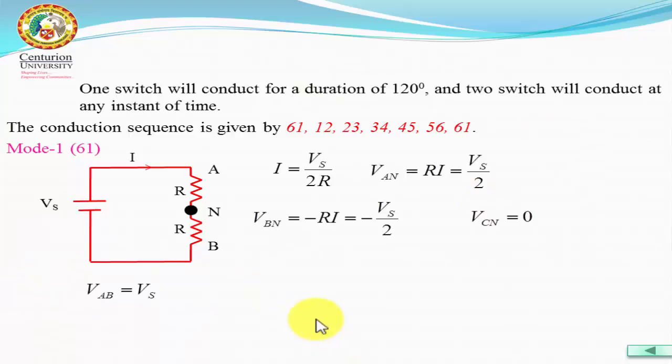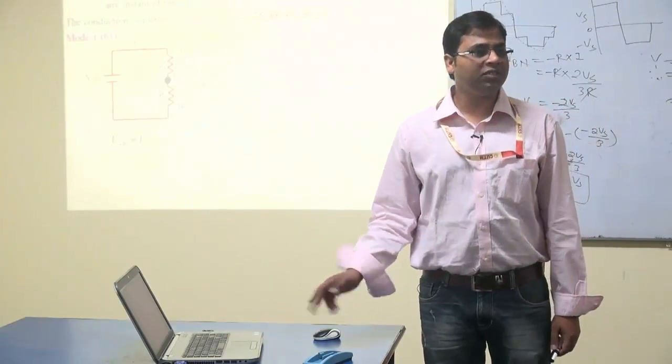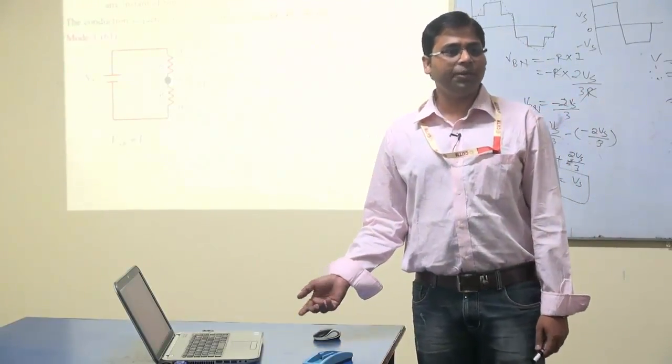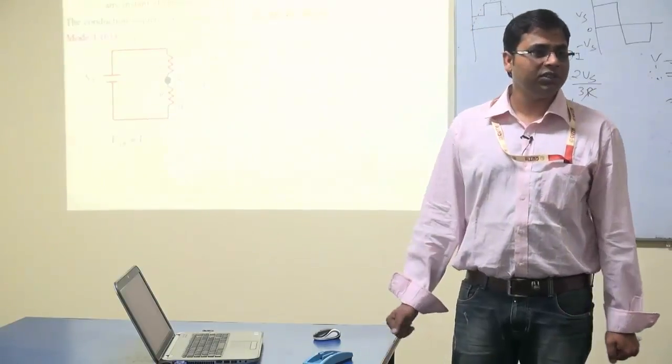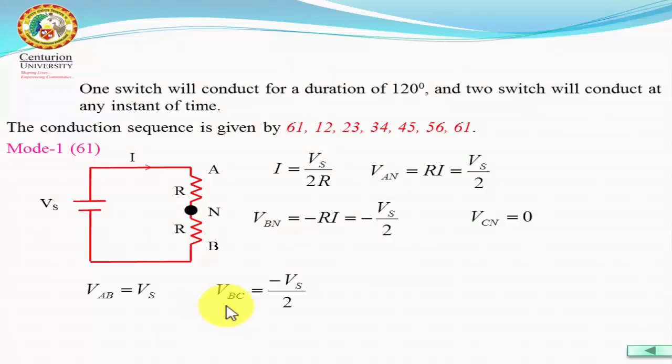Similarly, we can find VAB. What is VAB? AN minus BN. How much is AN? Vs by 2. How much is BN? Minus Vs by 2. So minus of minus gives plus: Vs by 2 plus Vs by 2, 2 Vs by 2, which is Vs. Similarly, VBC is VBN minus VCN.